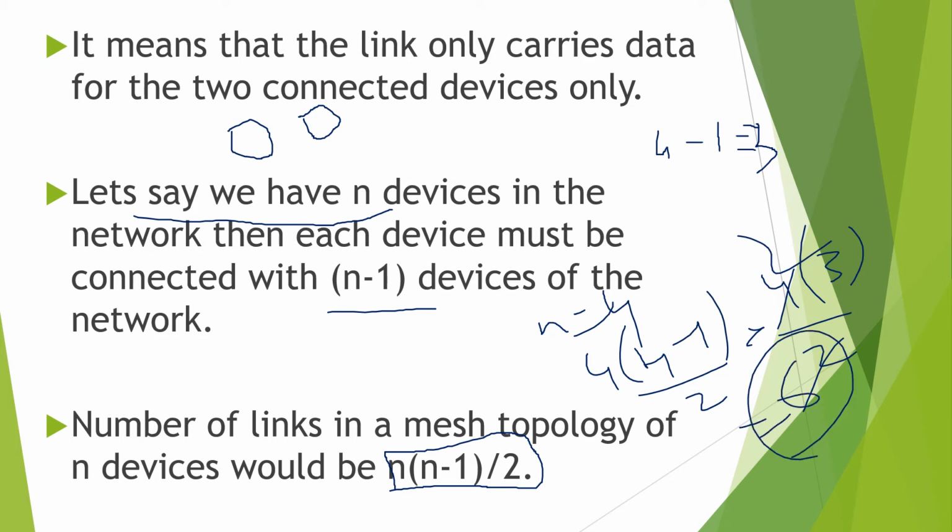So 6 links are needed for 4 devices, and for n devices we need n into n minus 1 by 2 links.